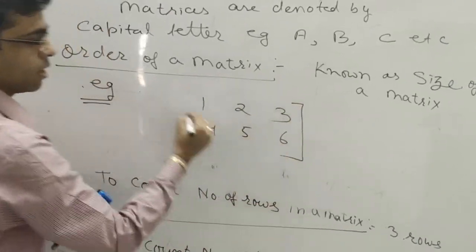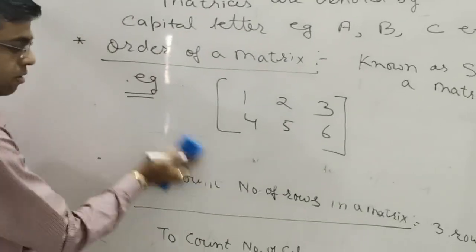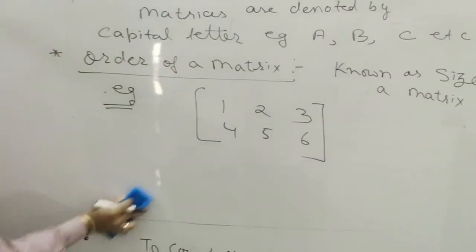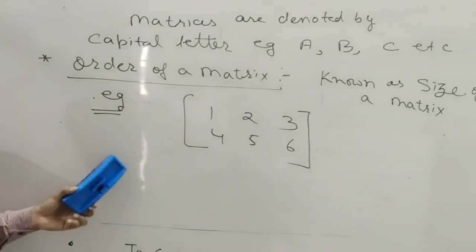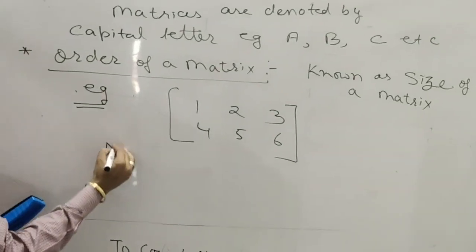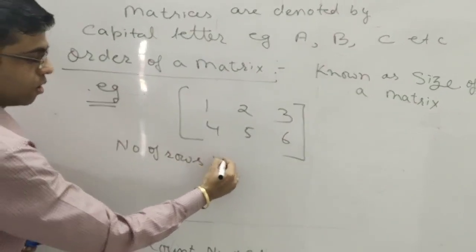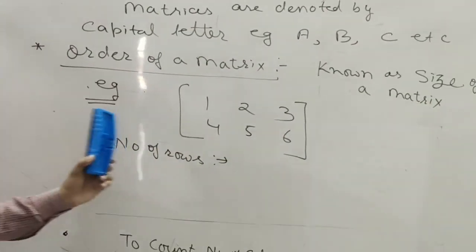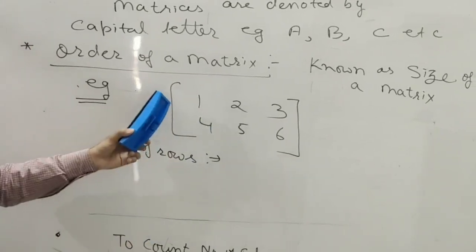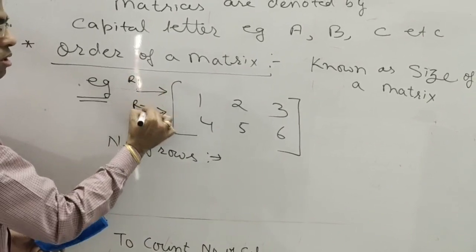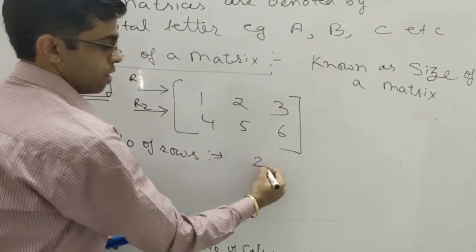This is another matrix I have taken. Now we have to write the order of this matrix. Firstly we will write the number of rows. We have to search in this matrix how many rows are there. There are 2 rows, so we will write 2.